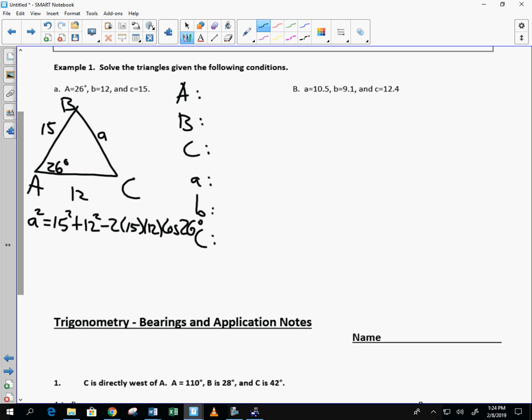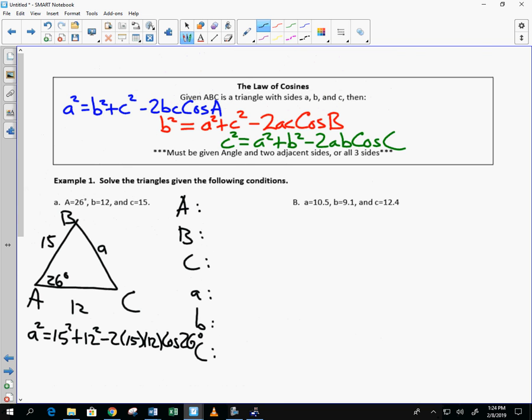So where does the angle go in the formula? The end. Yeah, the angle is always at the end. The other components are always the sides. The angle sits on at the end.